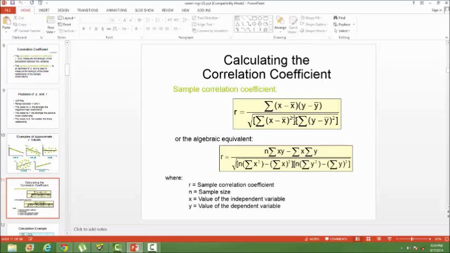You can compute the same thing using the first formula also, and you'll get the same value, but the second formula is what is recommended. Remember, here you have the n. N is the number of observations that you have, and then x and y are known to you. So you can put them in the formula and compute the value.